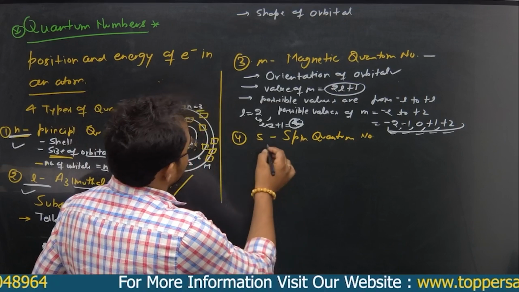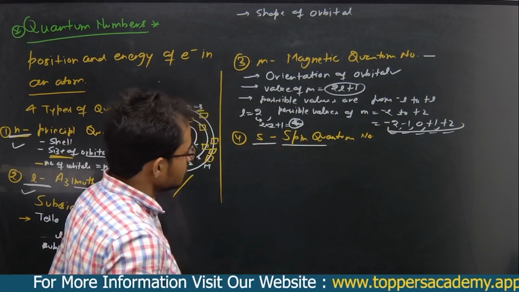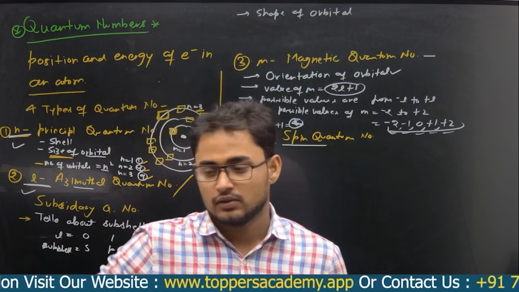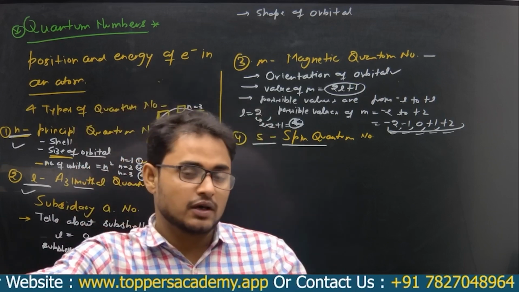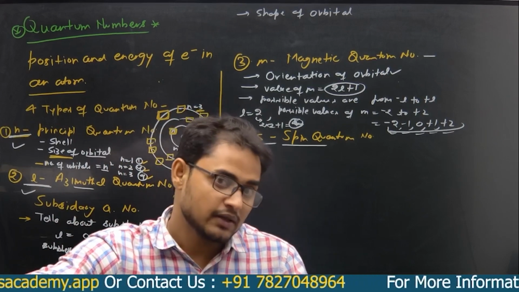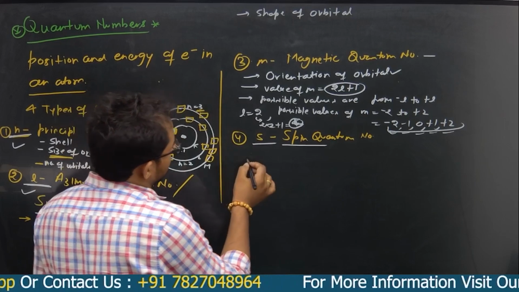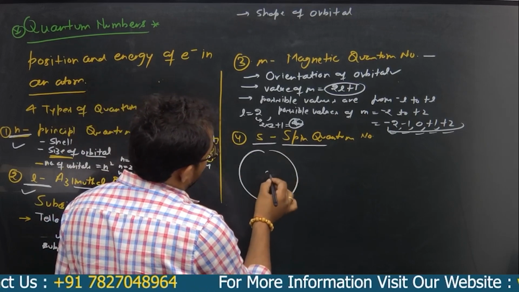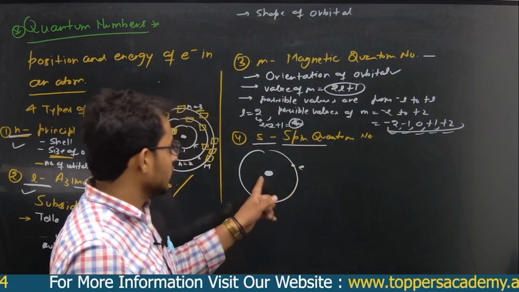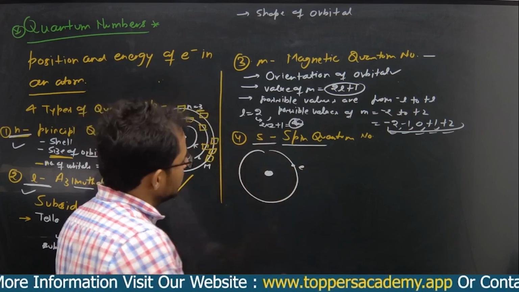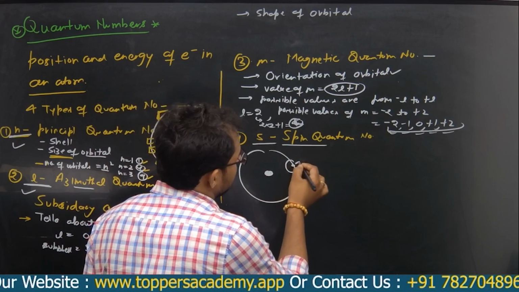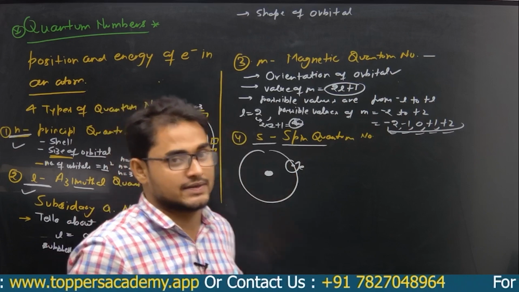Okay, spin quantum number. Actually, just like the Earth spins around its axis while revolving around the sun, similarly an electron, suppose the electron is revolving around the nucleus in a circular way, at the same time it is also spinning around its own axis.